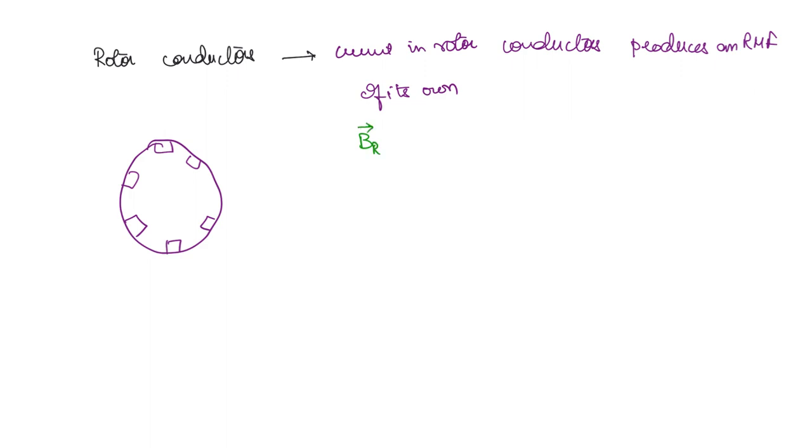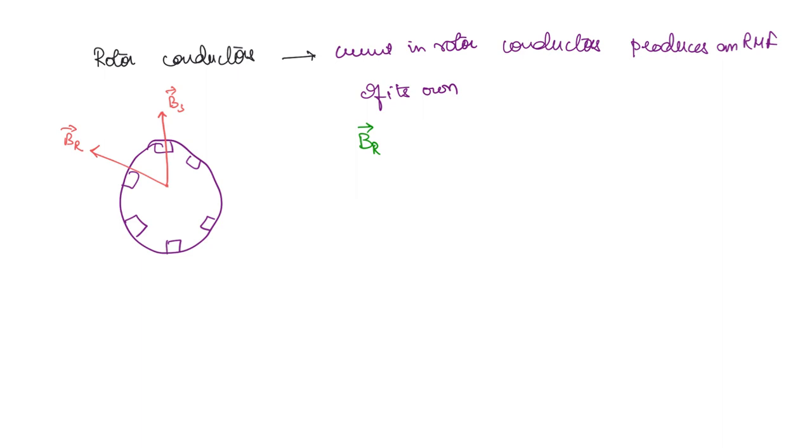Now what will be the phase difference between the stator magnetic field and rotor magnetic field? That means at one particular instant of time, if the stator magnetic field is here, then where will the rotor magnetic field be? It will be a little lagging. Why is there a lag? See, the rotor currents that are being produced will be lagging the induced voltage.